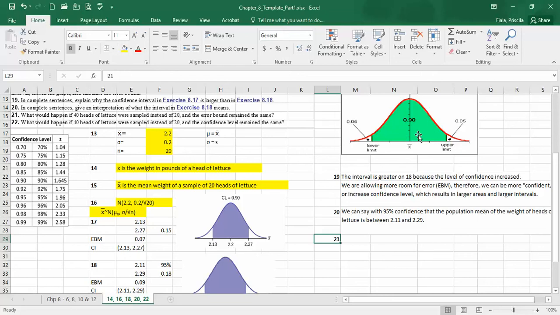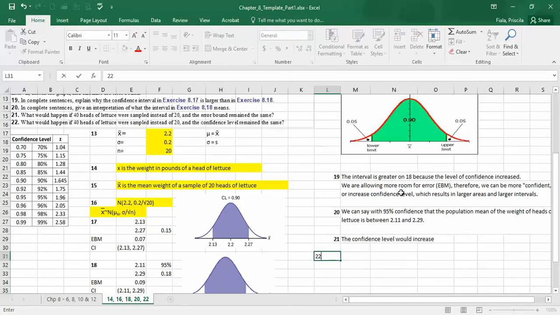And also, if you increase your sample size, you could increase your confidence level, because now you have more room for error. Since it says it's keeping the same error bound, we can say that the confidence level will increase.